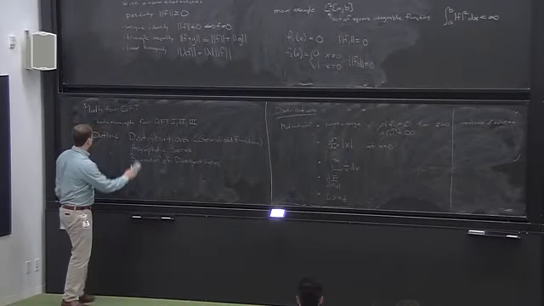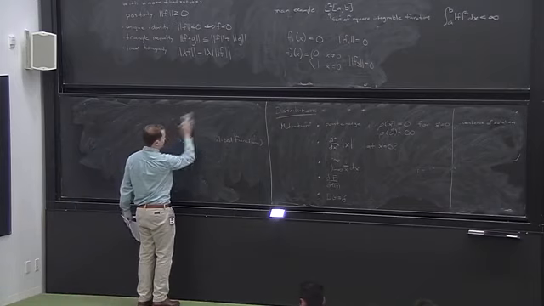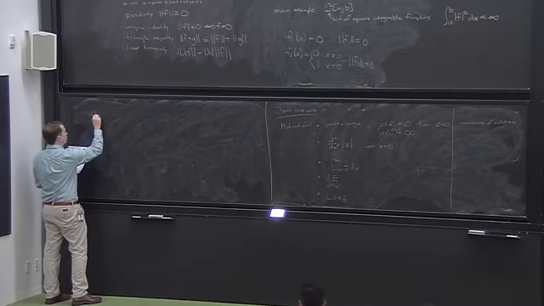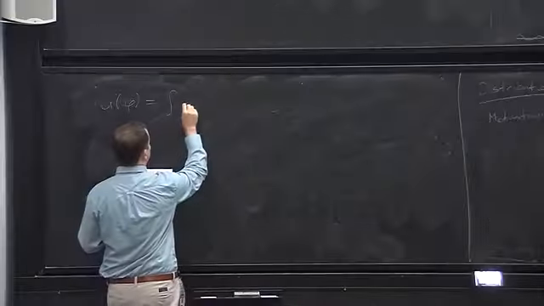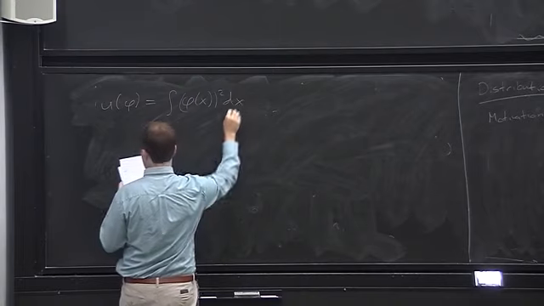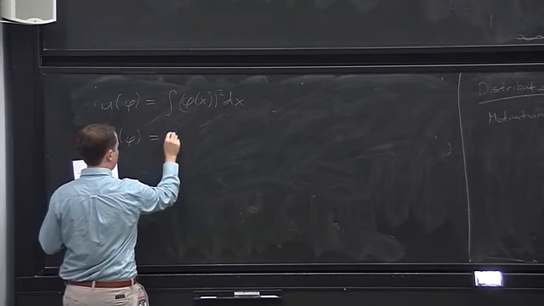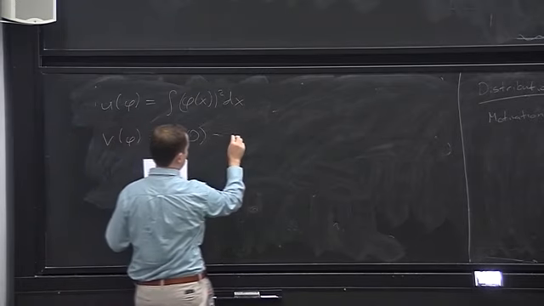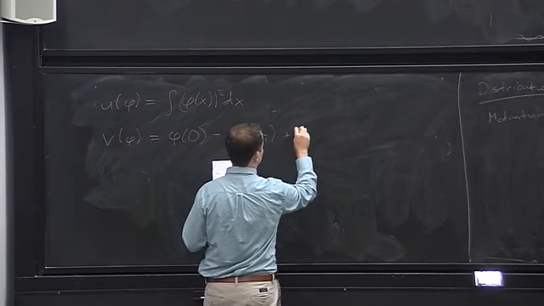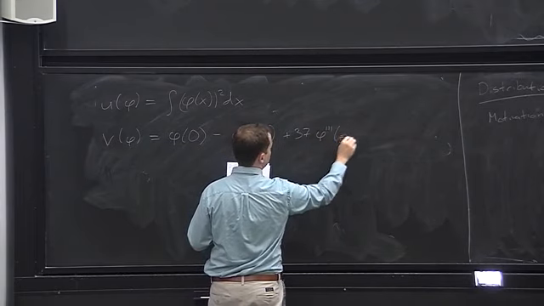So let's look at a few examples of functionals and try to see which of these match our definition. I'm going to write down a few examples. U of phi is the integral of phi of x squared dx. V of phi is phi of 0 minus phi prime of pi plus 37 times the third derivative of phi at e.